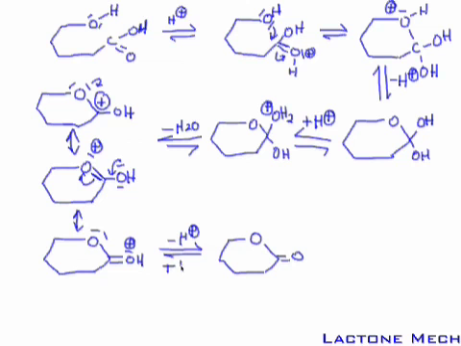So going backwards is just plus H plus, H2O, minus H plus, H plus, minus H plus here. So it is a reversible equilibrium.